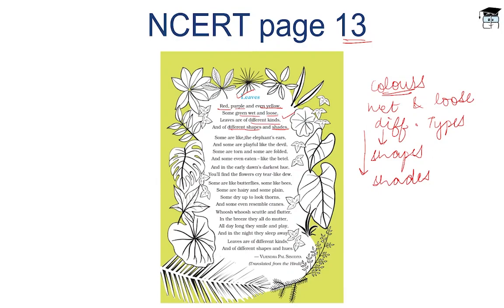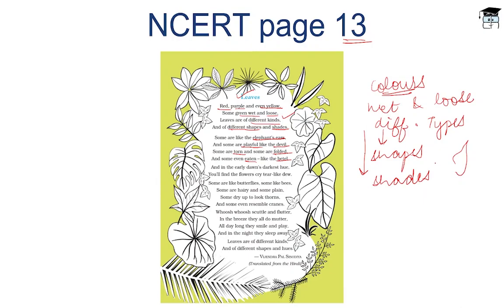Okay. In the second paragraph, she is saying, some are like elephant's ears and some are playful like the devil. Some are torn and some are folded and some are even eaten like the beetle. Okay. So, they are saying now that some leaves are like the ears of the elephant.